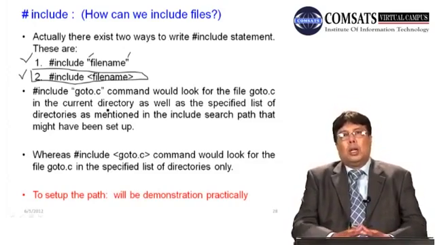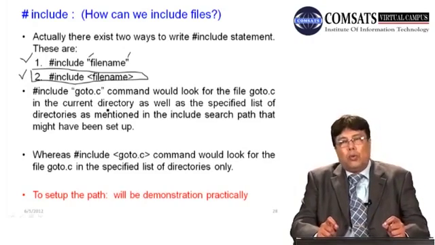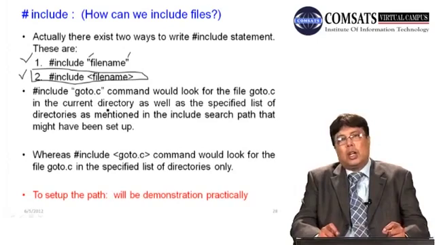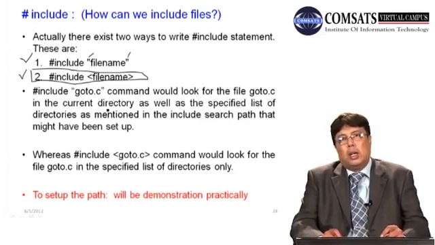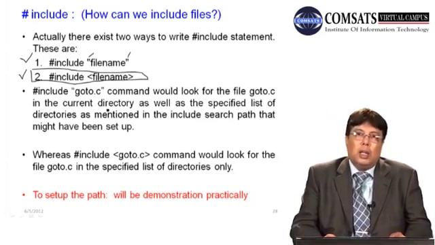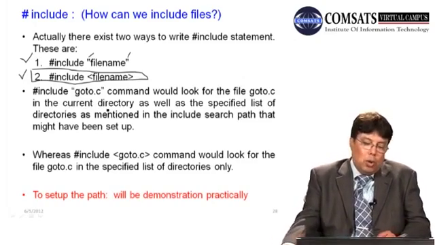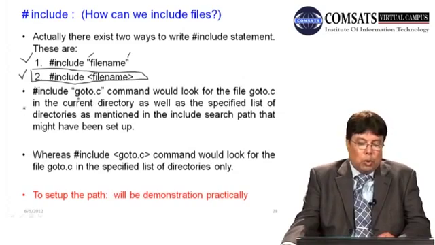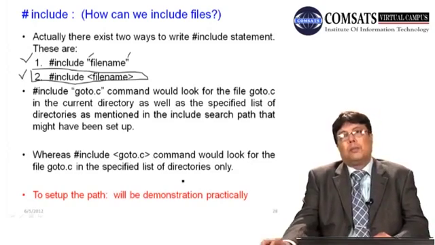So when you put the header file under double quotes, then the system searches for the file in your default directory, which is your current directory, or the directory that you have defined in the environment. But if you use include with angle brackets, it would look for the file in the specified list of directories only.